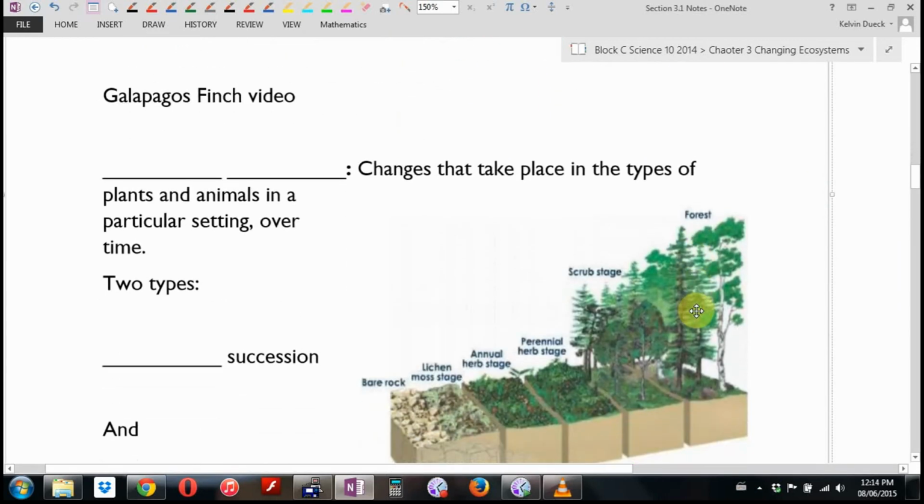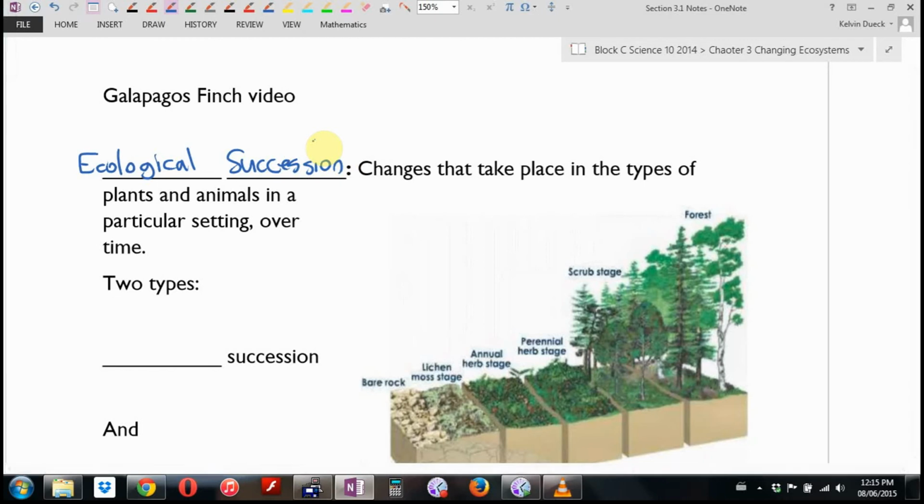What else? Well, then we have something called ecological succession. These are the changes that take place in the types of plants and animals in a particular setting over time.